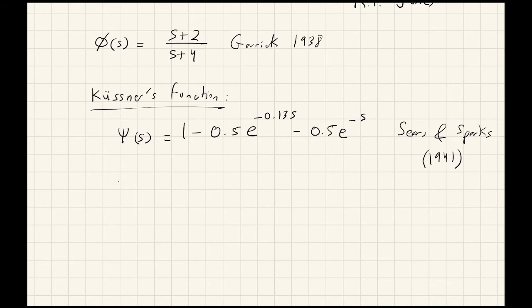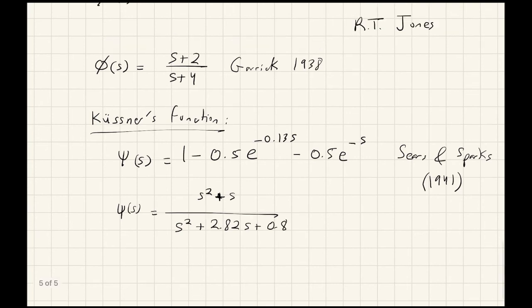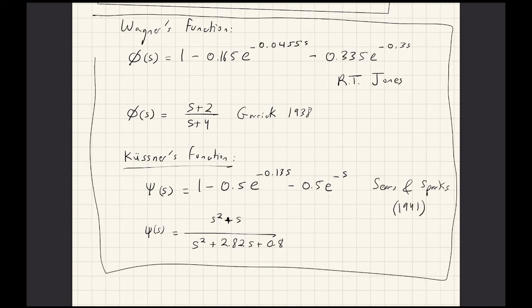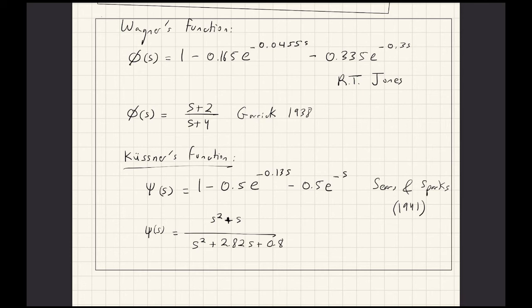Or alternatively, you can use psi of s is equal to s squared plus s over s squared plus 2.82s plus 0.8. So these right here, and I'm going to just box them, are approximations you can use for Wagner's and Kussner's functions.